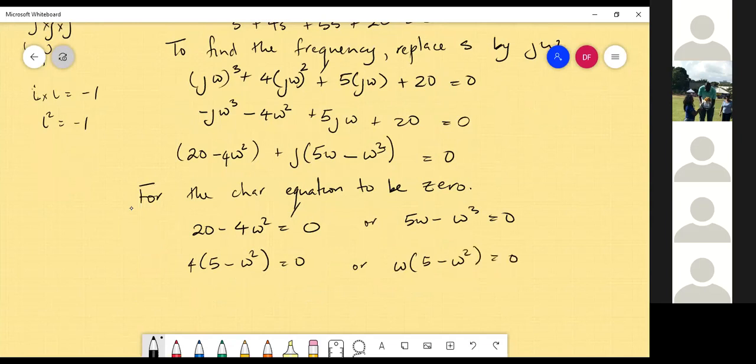So 5 minus omega squared has to be equal to 0, or omega squared equals 5, which implies that omega is equal to the square root of 5. So that's the frequency of oscillation.